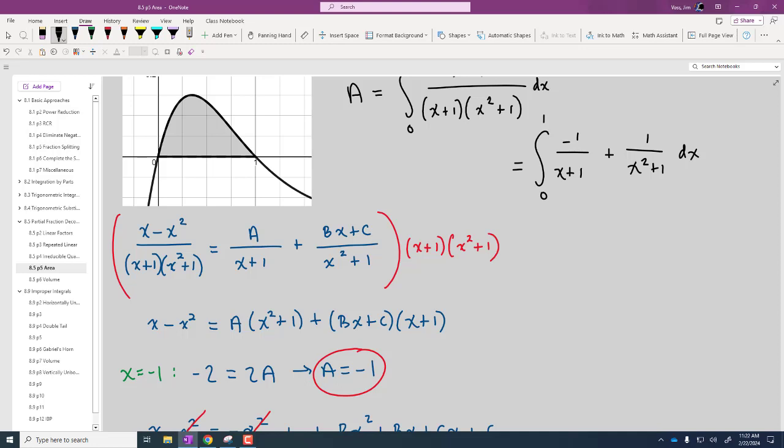Both of those are easily integrable. Hopefully. So we get minus natural log absolute x plus 1 plus arctan of x. And this is all going from 0 to 1.